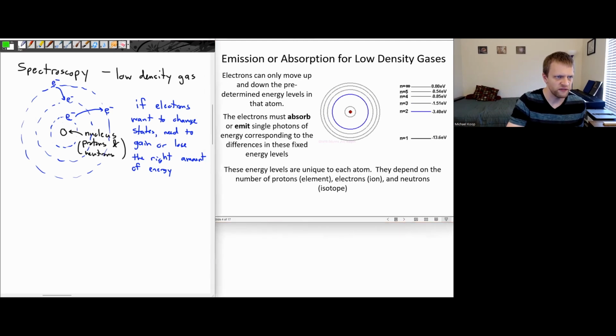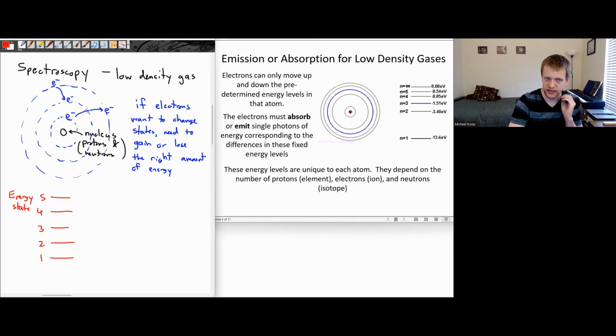So let's say I have a particular atom and it has some different energy states. We're going to call the lowest one 1, then 2, then 3, then 4, then 5. This diagram is just representing that the lowest energy state would be this lowest rung around the atom.